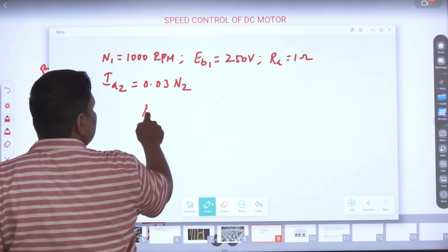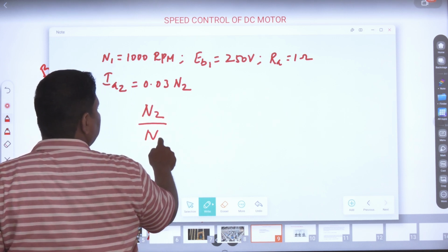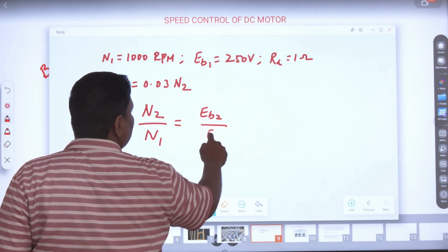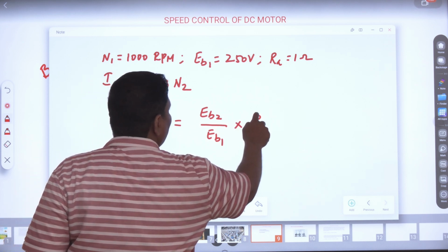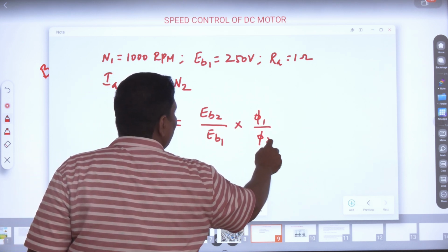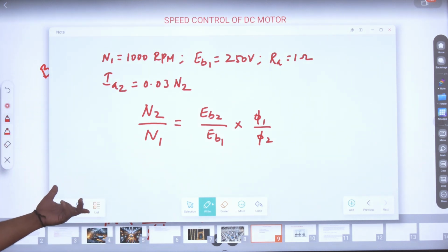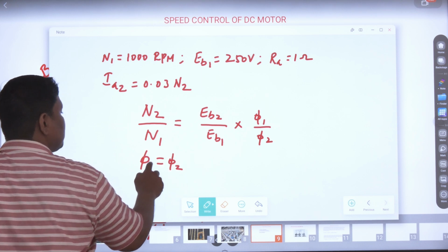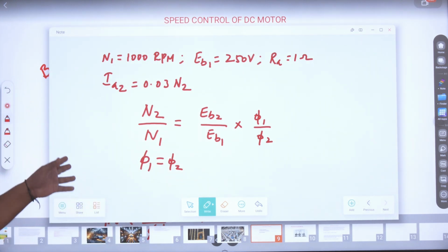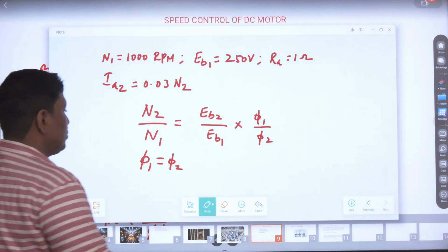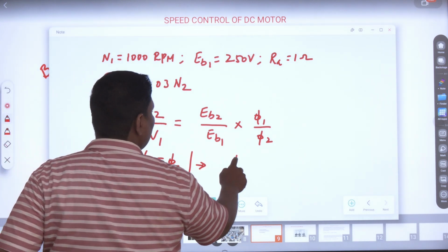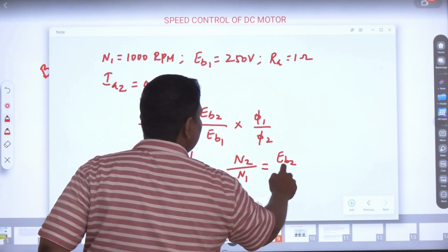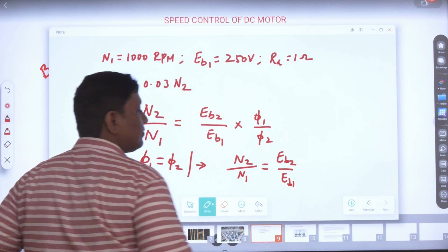As per the problem statement, phi 1 equals phi 2 because of constant field excitation. So the formula changes to N2 by N1 equals EB2 divided by EB1.